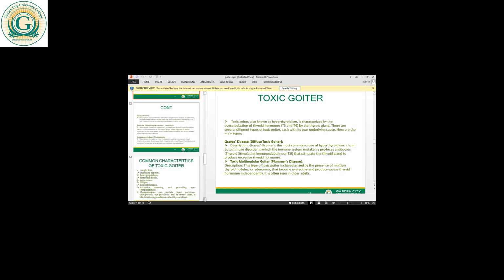The second one, we have the toxic multinodular goiter. This type of toxic goiter is characterized by the presence of multiple thyroid nodules or adenomas that become overactive and produce excess thyroid hormones independently. It is often seen in older adults.